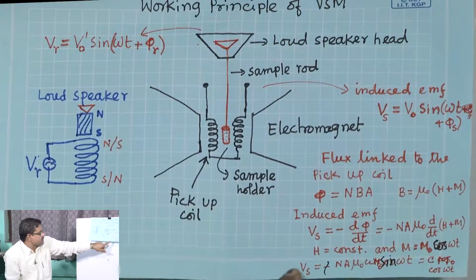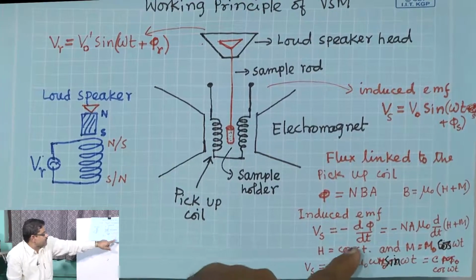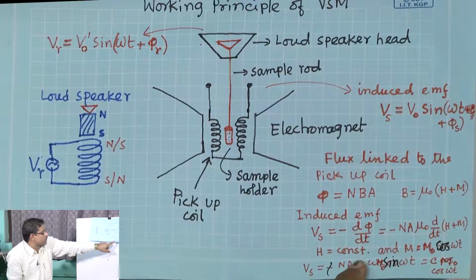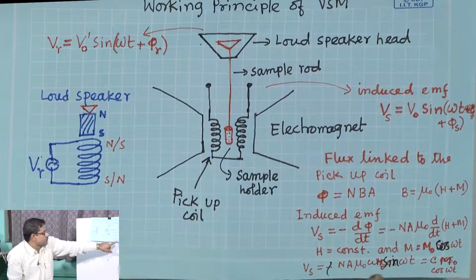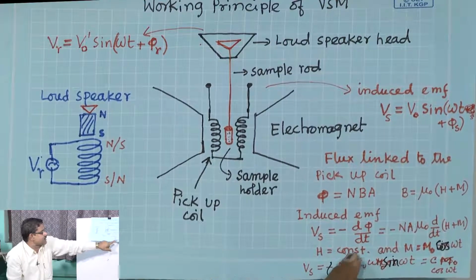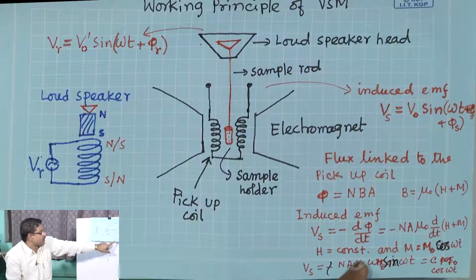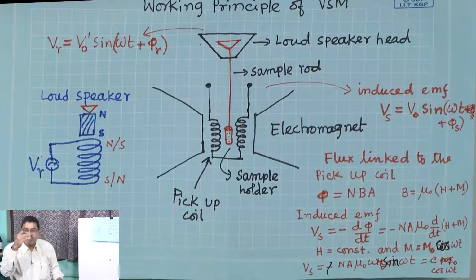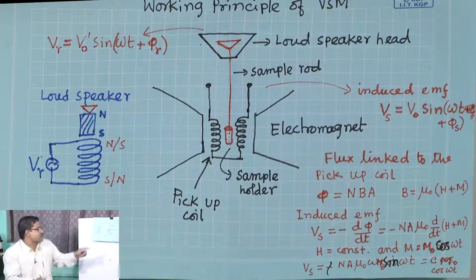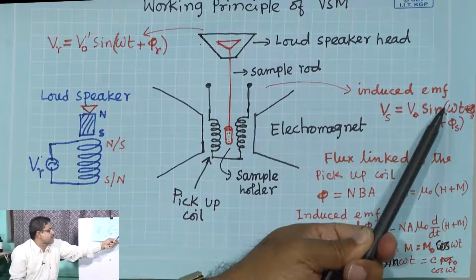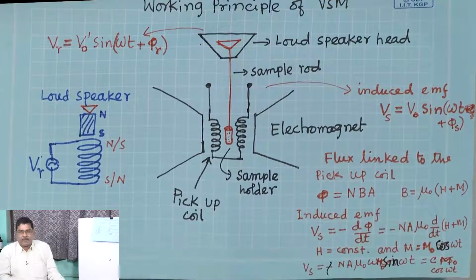So, now Vs equal to, here you are getting this constant term, we are writing V0, m0 here. All these are constant terms. So, we are writing V0 sin omega t, some initial phase may be there, phi s. That is why I have written here Vs equal to V0 sin omega t plus phi s, okay.